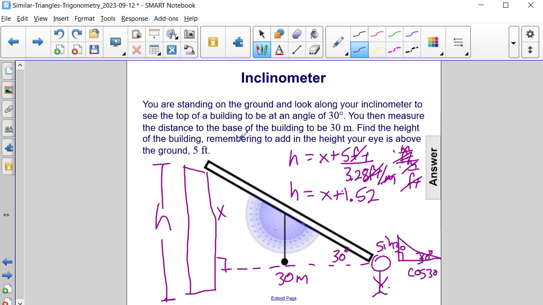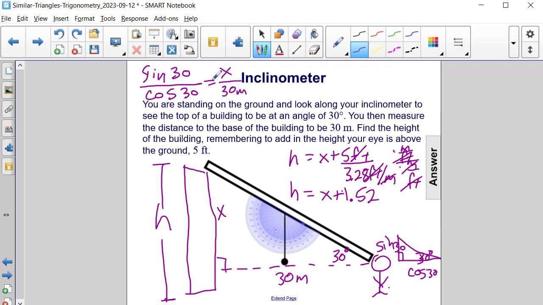So we have sine of 30 over the cosine of 30 is going to be equal to x, because that's the triangle's height over the triangle's base, which is 30 meters.